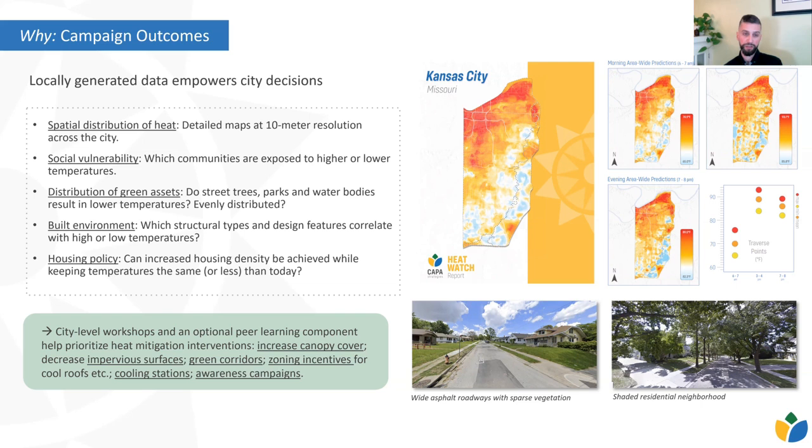It can often break down to distribution of green assets, impervious surface amounts, and historic policies that may have led to disparity in investments in resources by neighborhood and population characteristic. So that's our jumping off point with cities: to understand the impact of the environment, built environments, and policy and city strategies that can help mitigate and adapt the city and population to what we know will be increasing impacts from heat.